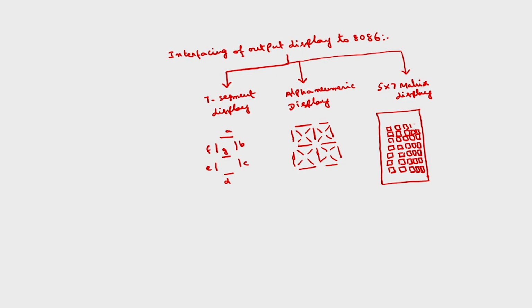So, totally we have 35 segments, 7 rows, 1, 2, 3, 4, 5, 6, 7 and 5 columns, and there will be one extra segment here to represent the dot.